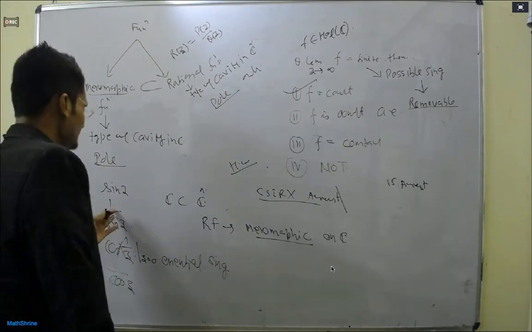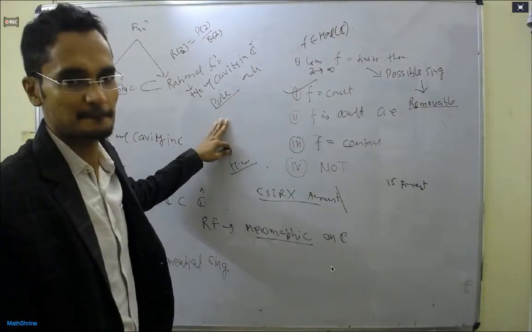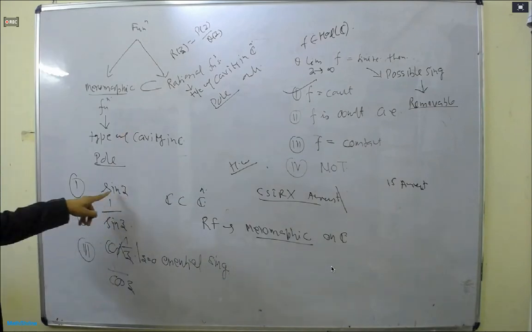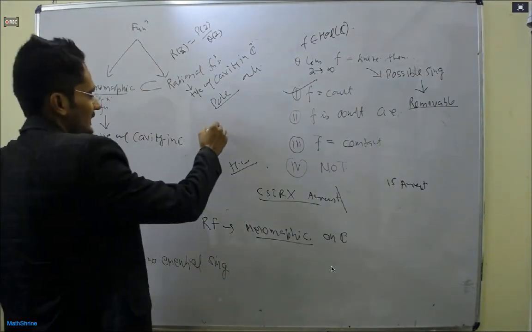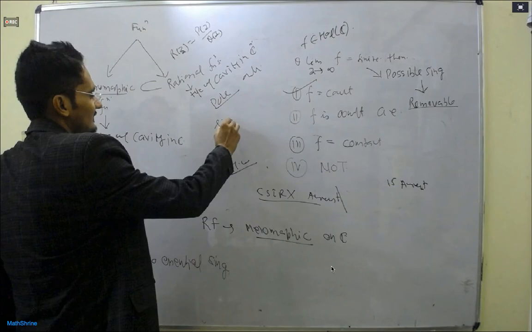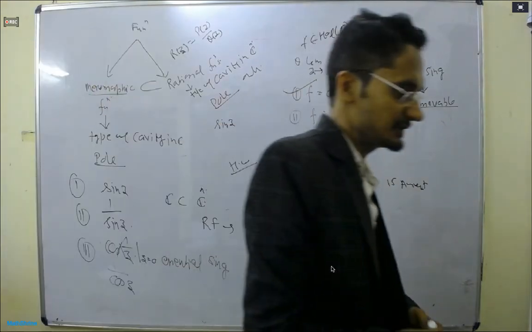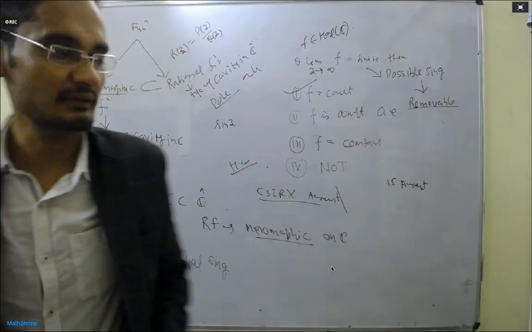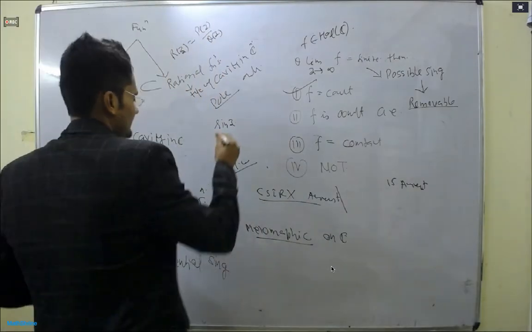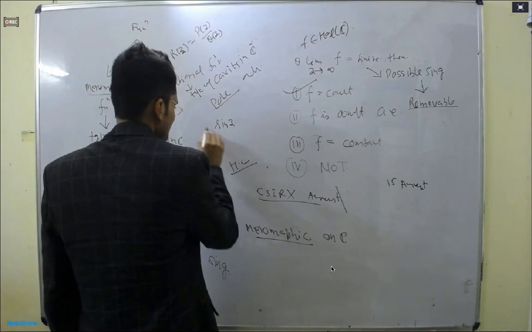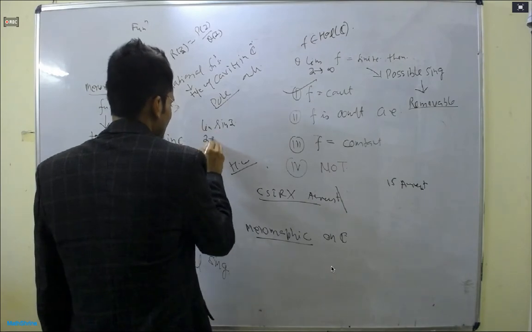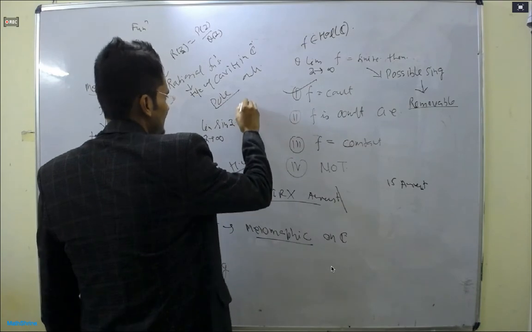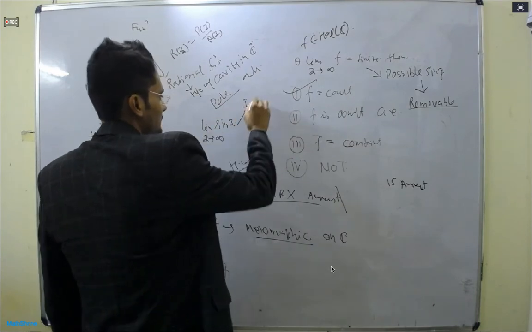Because at infinity there is a problem. If I ask you why sin z is not a rational function, suppose they ask in the interview also, you will say a very simple and normal answer: sir, if I want to calculate the limit as z tends to infinity, along the imaginary axis you will go to infinity, but along the real axis it will oscillate between plus and minus 1.